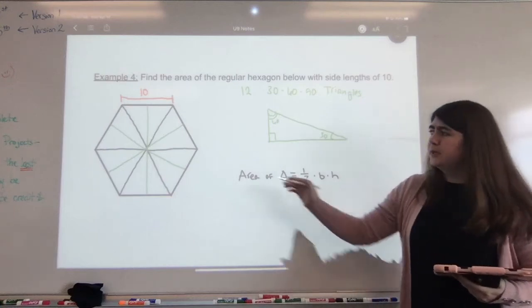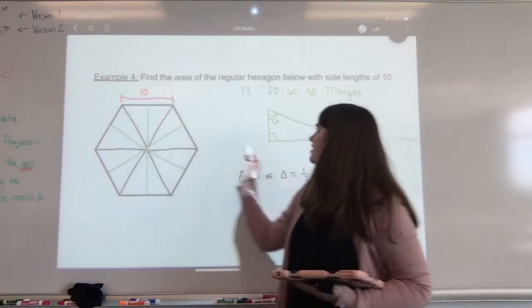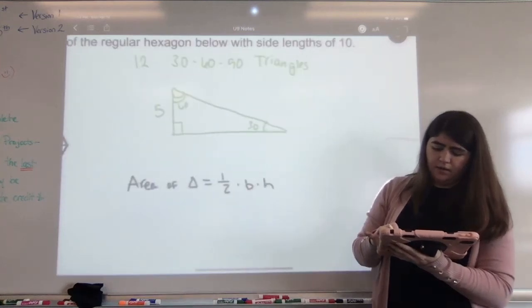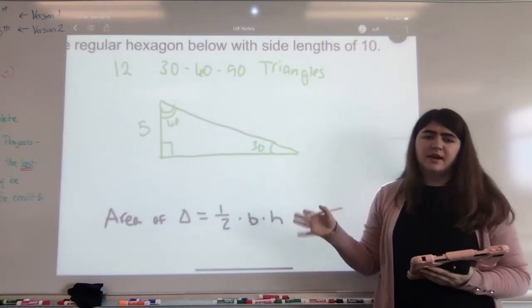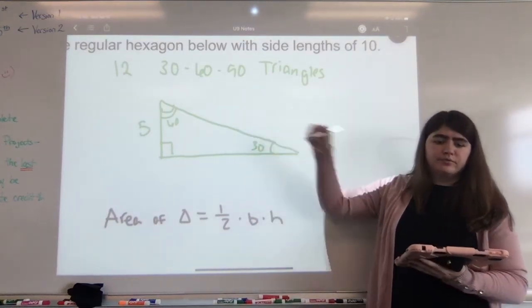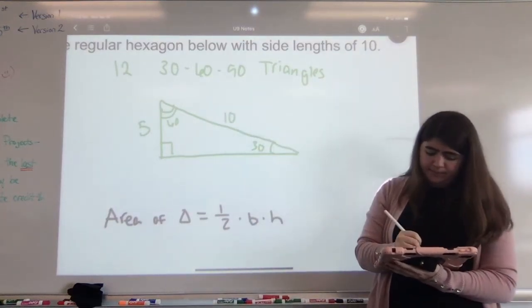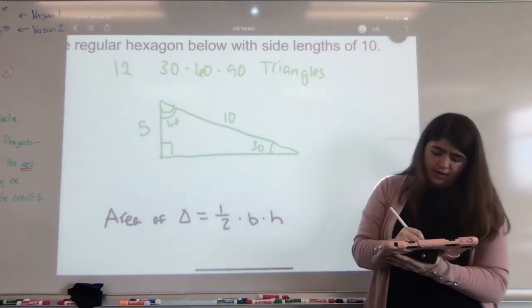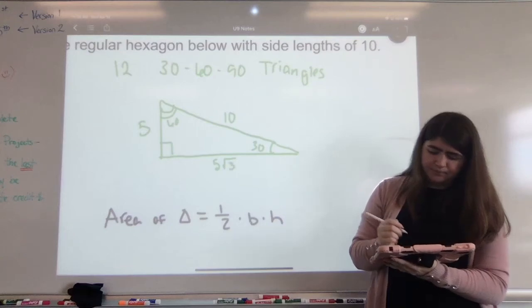And we know, because this was 10, that this piece has to be 5 because we cut it in half. And by our 30, 60, 90 formula, 5 times 2 is the hypotenuse, so our hypotenuse has to be 10. And 5 times the square root of 3 has to be our second leg. So I have 5 square roots of 3.